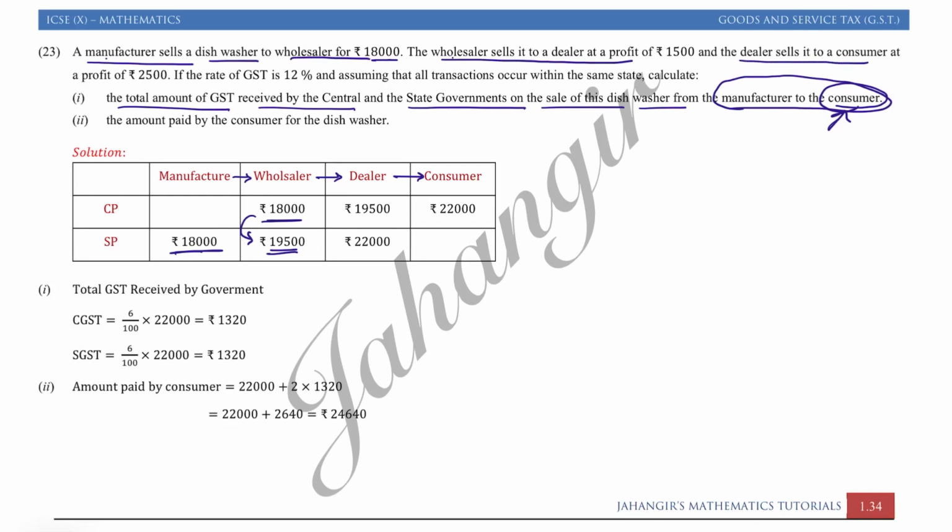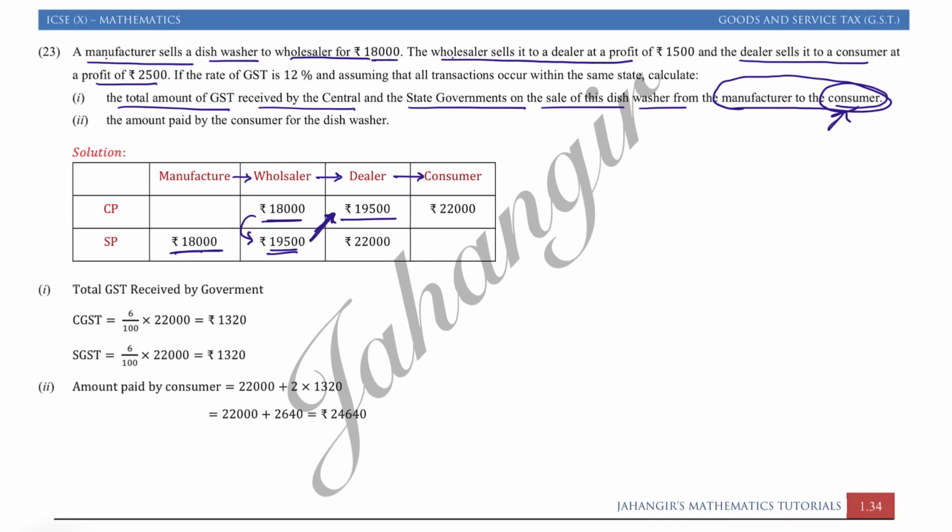Now dealer sells it to consumer at a profit of 2500. So now wholesaler ka selling price is the dealer ka buying price. That you should know. That is common sense. If wholesaler is selling it for rupees 19,500, so obviously dealer is buying it for rupees 19,500. And dealer is selling at a profit of 2500 on it.